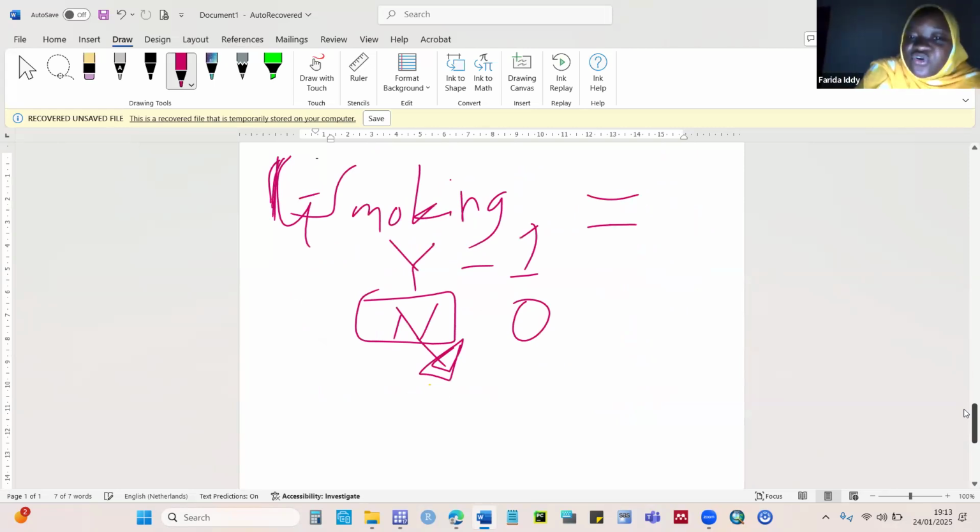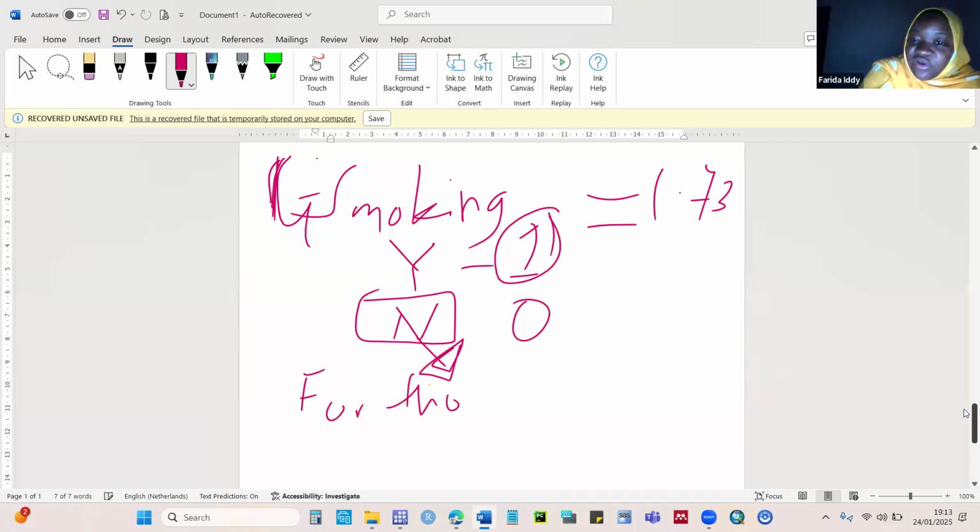So if we have an odds ratio of 1.73, then it will just be for those who are smoking. For those who are smoking, they have higher odds of getting the disease by 73% compared to those who are not smoking.